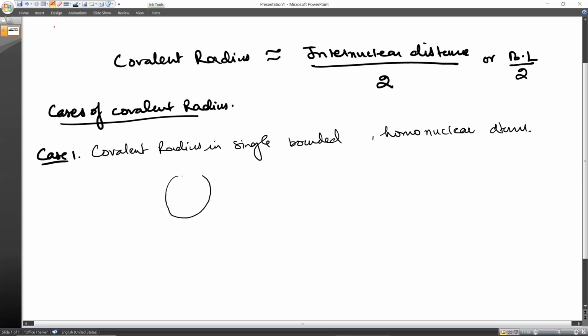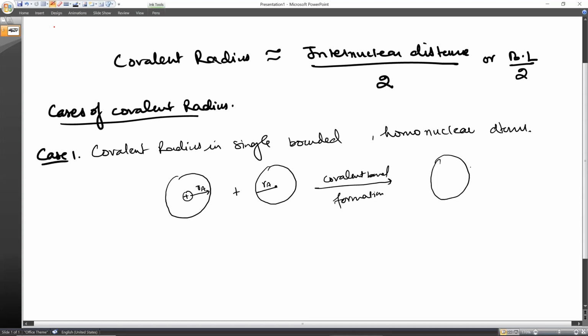This is the center with radius Ra, and this is the other center with radius Ra, and the radii will be similar because the atoms are similar. When the covalent bond is formed, they overlap each other, and we consider the average distance between their centers.